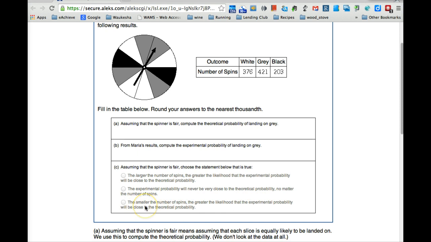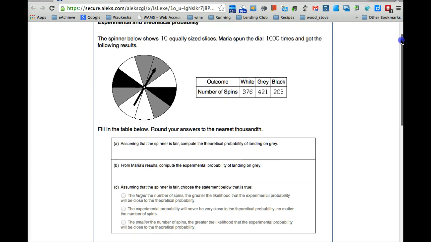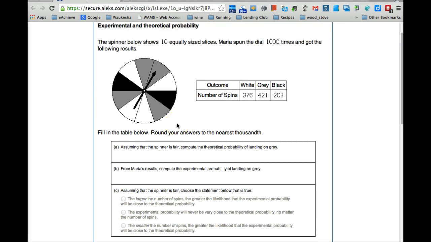No, because when you do fewer experiments, you leave opportunities for things to be an anomaly, or outside of what's going to happen. The more you do something, the more you're going to see a pattern evolve, and that's what you're seeing in this type of problem, a pattern evolving for theory versus experiment.